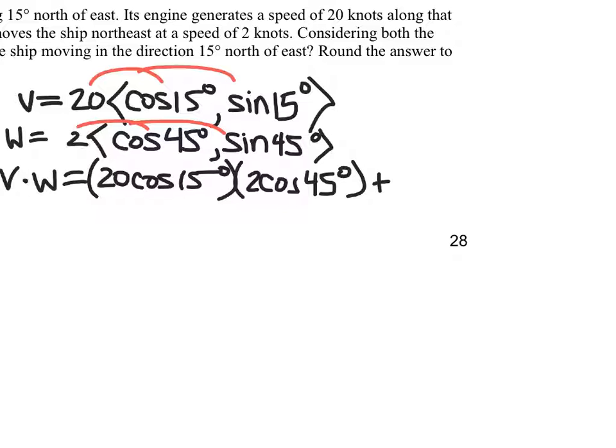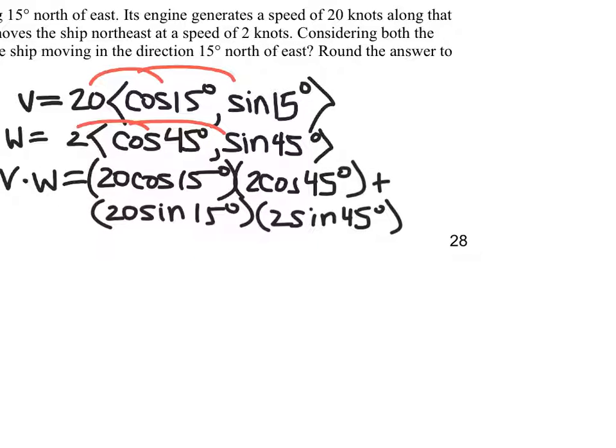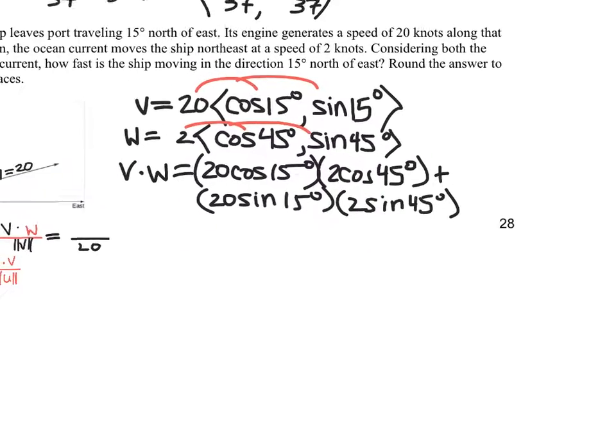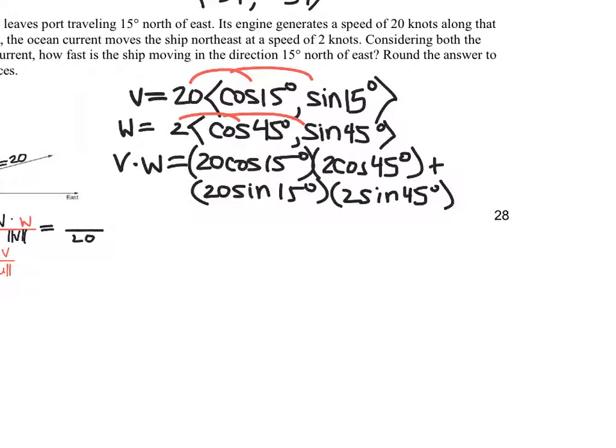Plus 2 times the sine of 15, or sorry, 20 times the sine of 15, times 2 times the sine of 45 degrees. All right, so that would be our dot product. It's going to be ugly, but it's doable.